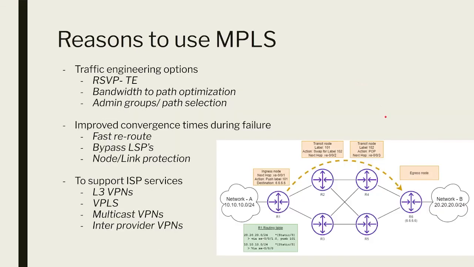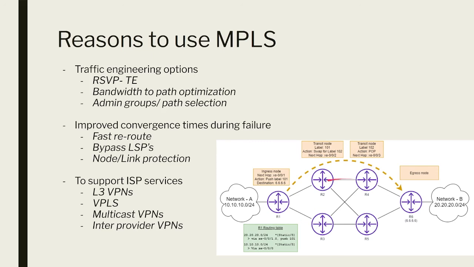So what we'll do when we come to dynamically or statically defined LSPs is, traditionally, on the final router before the end of the LSP path, one hop away from the egress of the LSP, so that LSP going from R1 all the way over to R6, we just remove the label. And so the transmission between R4 and R6 is just a standard layer 3 packet. R4 does a standard MPLS lookup.